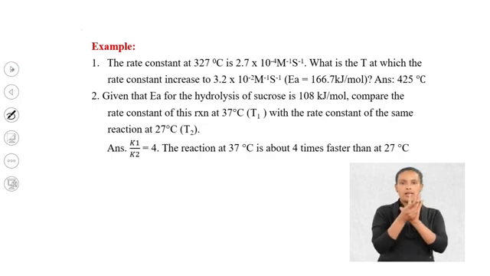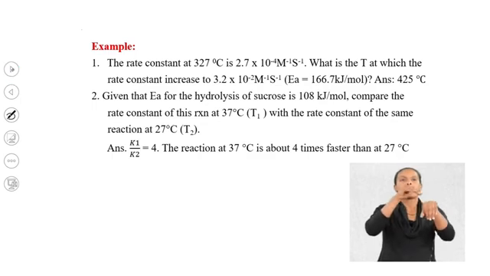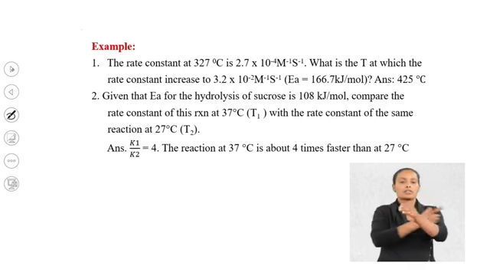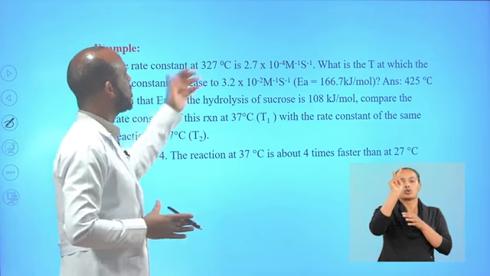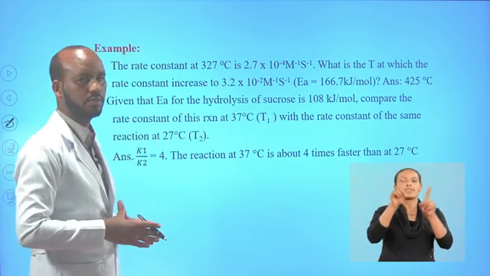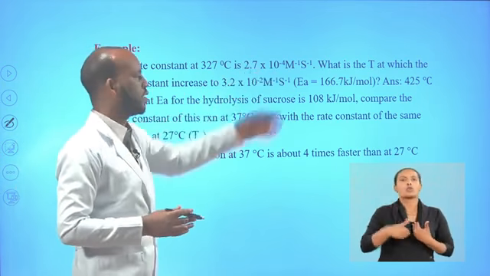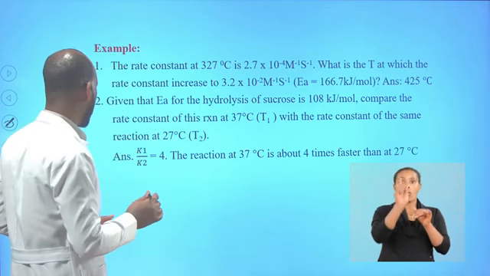Example: the rate constant at 327 degrees centigrade is 2.7 times 10 raised to minus 4 per molar per second. What is the temperature at which the rate constant increases to 3.2 times 10 to the power of minus 2 per molar per second? Activation energy of this reaction is 166.7 kilojoule per mole. For two different temperatures, we have two rate constants, K1 and K2.